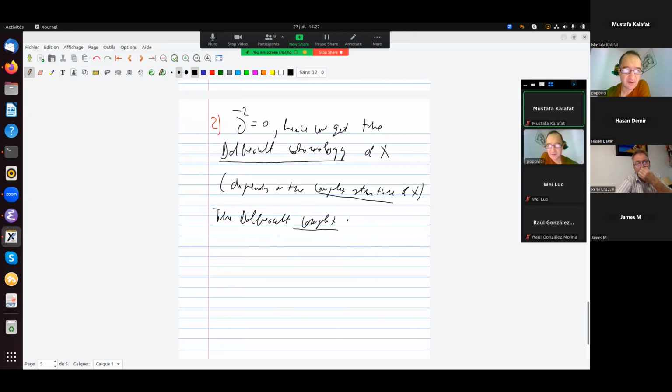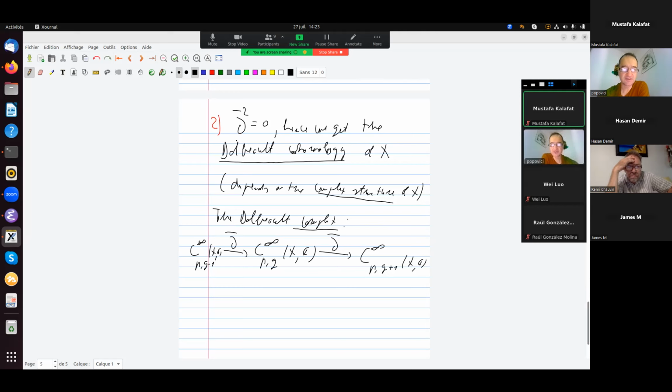It is a complex because d bar squared equals 0, but we have to take it by degrees here. So we look at (p,q) forms that are C infinity, smooth. And then we have an outgoing d bar and an incoming d bar. The outgoing d bar takes us to (p,q+1) forms. So the d bar increases the anti-holomorphic degree by 1, and the incoming d bar comes from (p,q-1) forms.